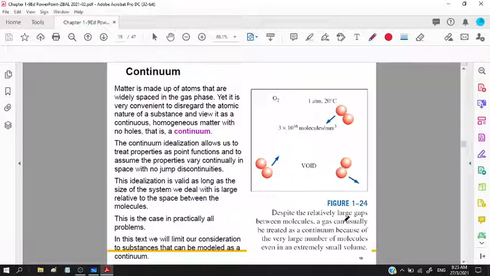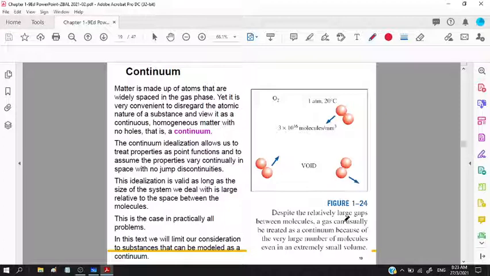Now this is a continuum. The meaning of continuum is when we look into a certain region or system, we assume that everything is continuous in terms of the chemical composition. For example, if we have a cup of water, we assume that the chemical formula of water is always H2O, no matter where we look in the cup.